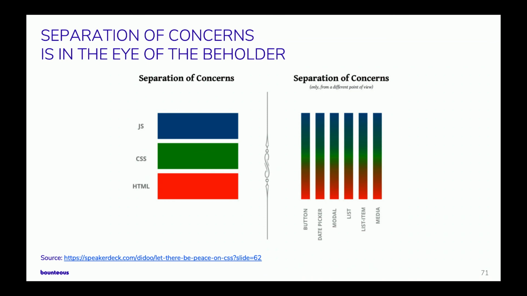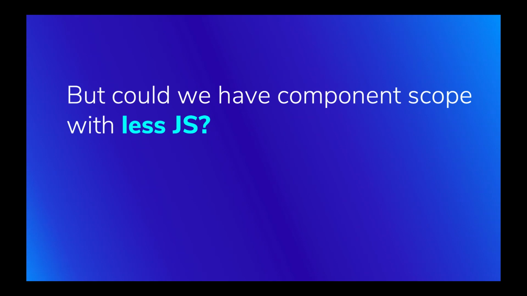And maybe those things are in the same file, maybe they're not, but you at least know that they're all there available for that component. So just a different view, and I think to some extent both are valid. So in this list of questions here, could we have component scope, but with less JavaScript? All the cases that we looked at use JavaScript in some way.